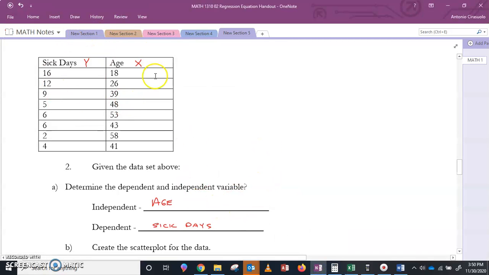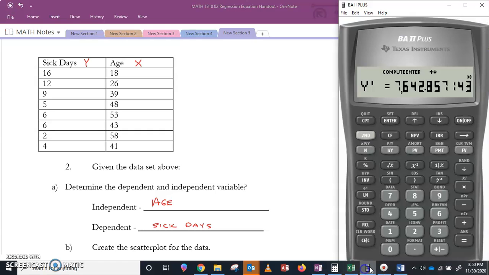So we want to put our data in. There it is. And once again, second data, second clear. And we're going to put these values in: X first, Y second. So 18, enter, scroll down, 16, enter, scroll down. 26, enter, scroll down. 12, enter, scroll down, and so on and so forth.